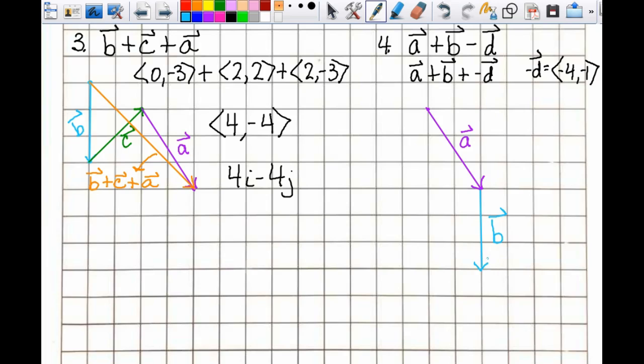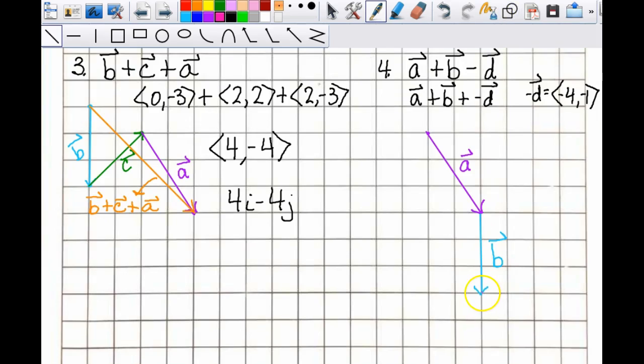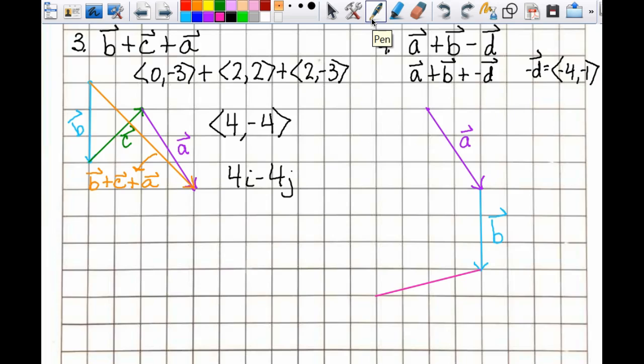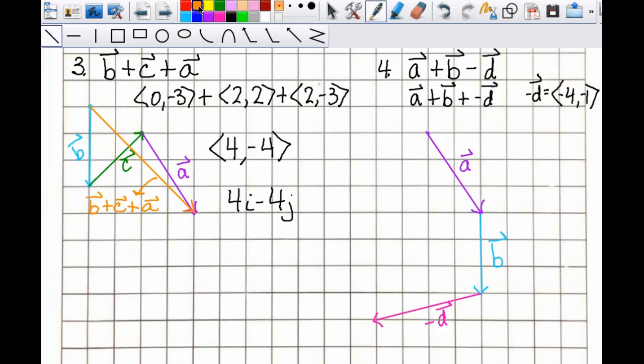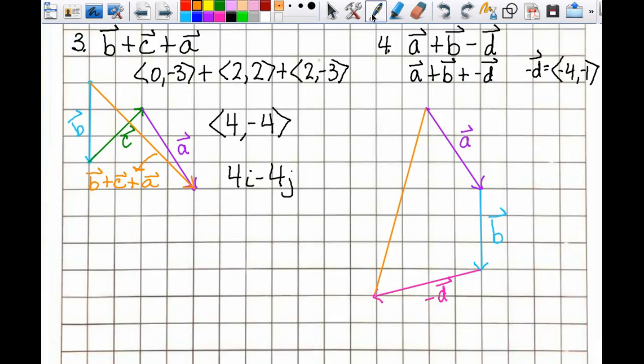So instead of going 4, 1, I am going negative 4, negative 1. I'm going to draw that in. And this is the opposite of D. My resultant then looks like this. So this is A plus B minus D.